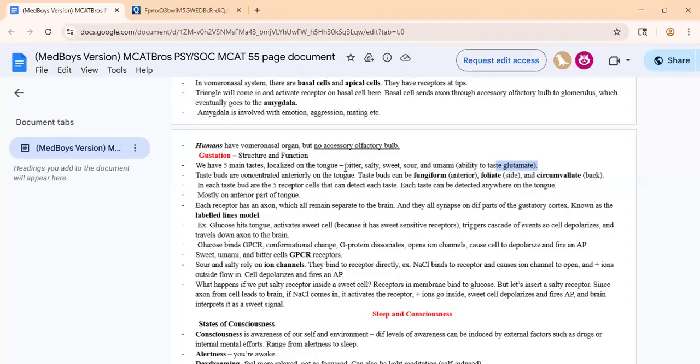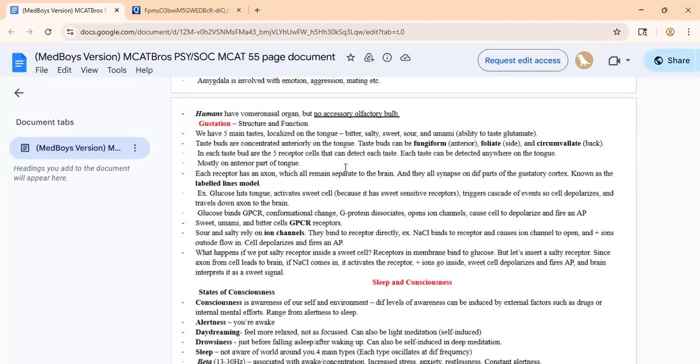B for bitter, so for salty, sweet, sour, you sauce. So it's bitter, salty, sweet, sour, and umami. Think about a sauce that you want to be sour or salty. And those are the five main tastes. That's how I remember it.